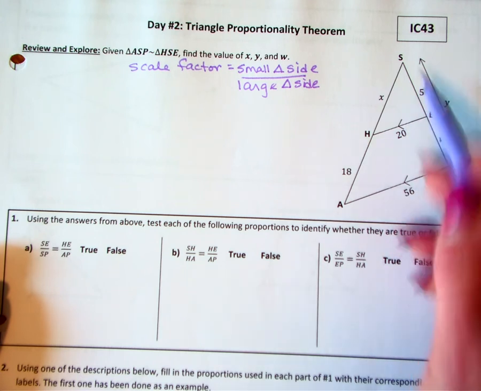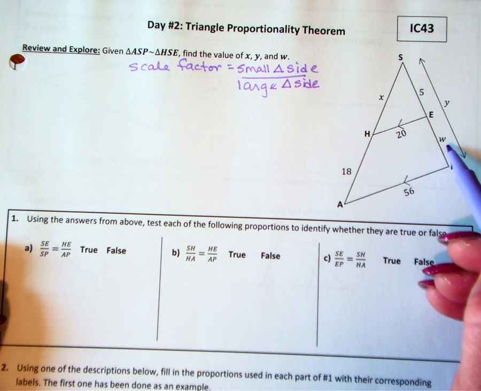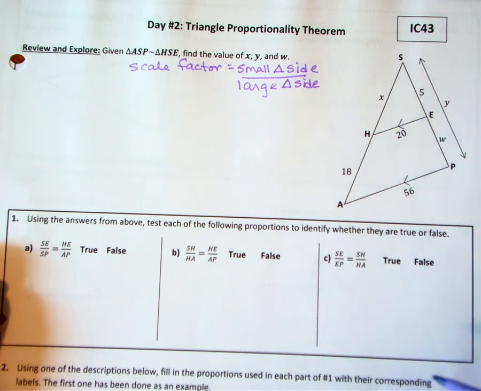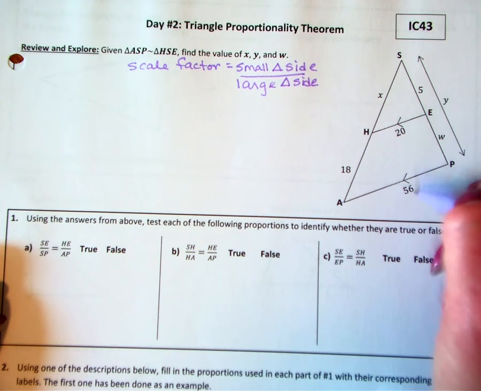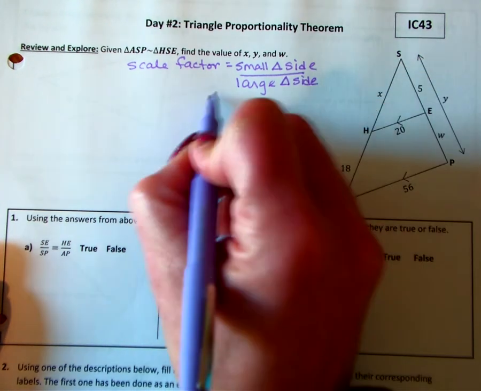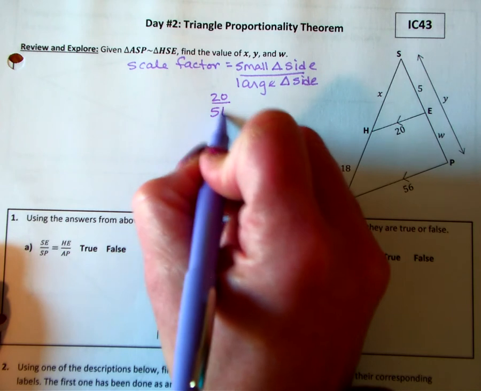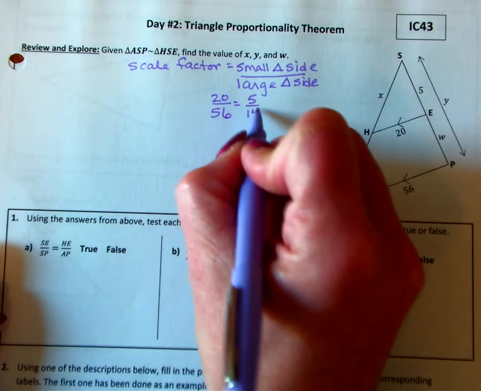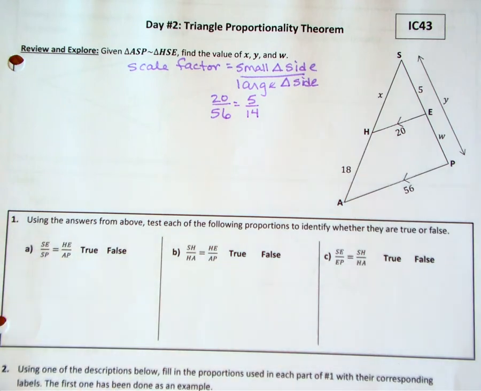I can't have this side and this side because there's a W there. I can't use this side and this side because there's a variable there. But I do know 20 over 56, and then that can reduce to 5 over 14. That's the scale factor.